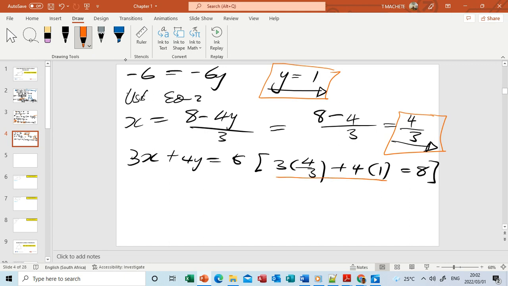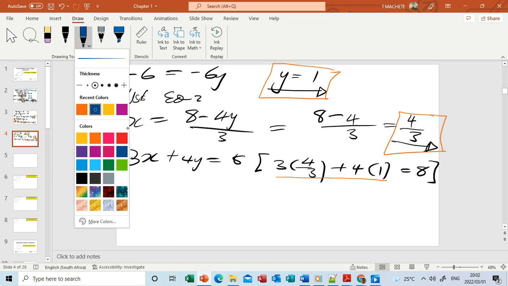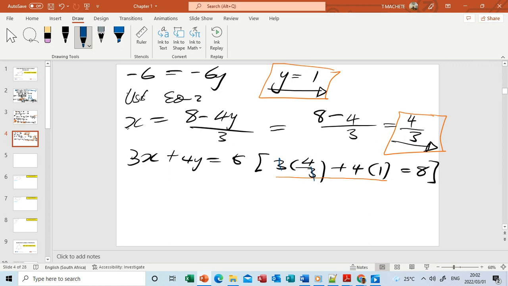When you add them, they must give you 8. So it will be 4 plus 4, it's 8 already, because the 3 and 3 will cancel. There you have it.